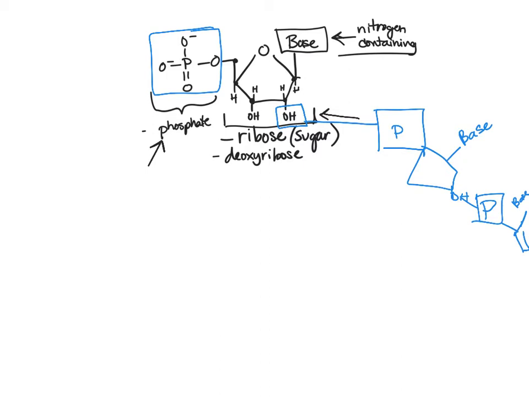This ends up having phosphate, phosphate, sugar, kind of alternating, and then our bases are all going to be facing this direction. What we call this is our sugar phosphate backbone.